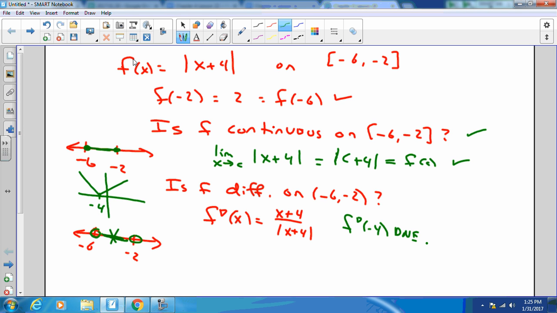And because there is one x value for which f prime does not exist, therefore f is not differentiable on -6 to -2, and so Rolle's theorem does not apply. And that's it.